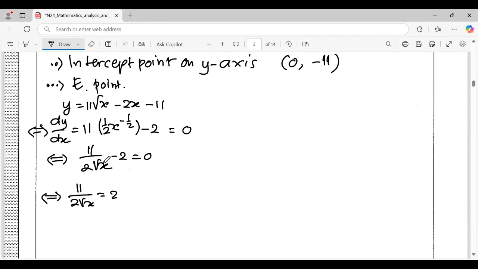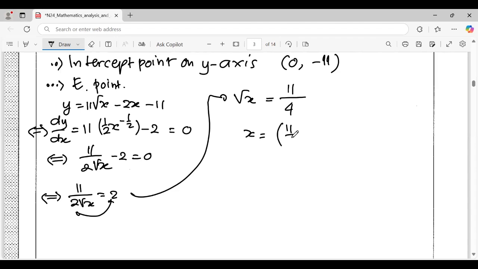It means √x equals 11 over 2 times 2, which is 11 over 4. It means x equals (11/4) squared, or 121 over 16, which is 7.56.